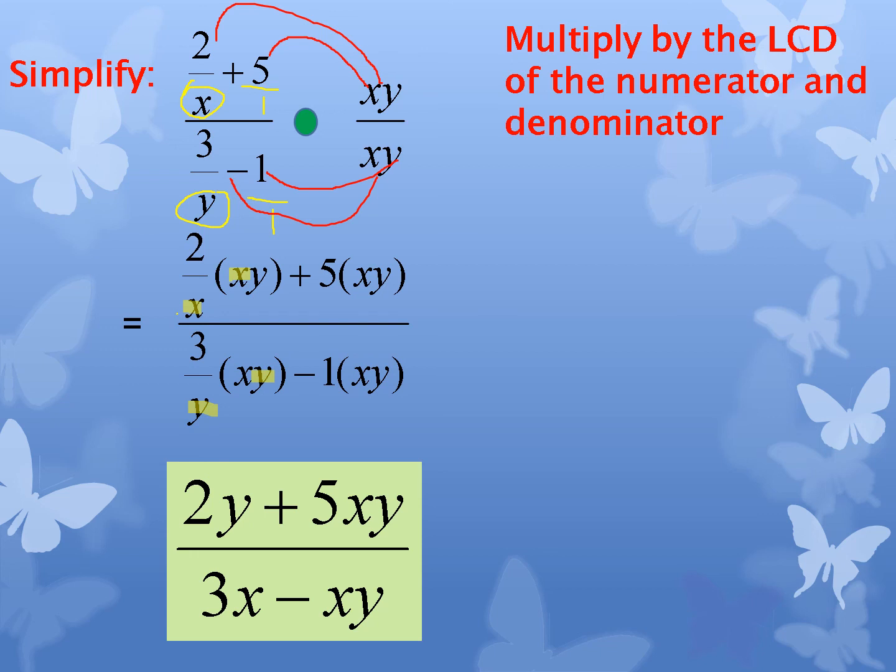Now, the next thing we need to talk about is our variable restrictions. So we want to talk about those variable restrictions, the values that the denominators can equal to keep your denominator from going to 0. So if I look right here, I have x.